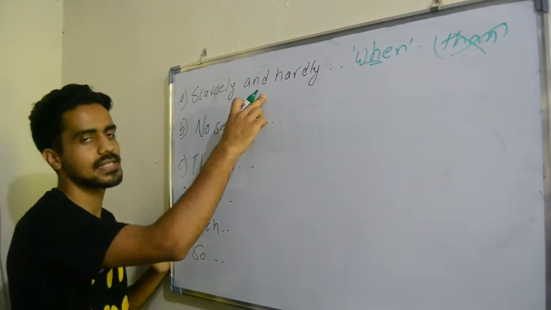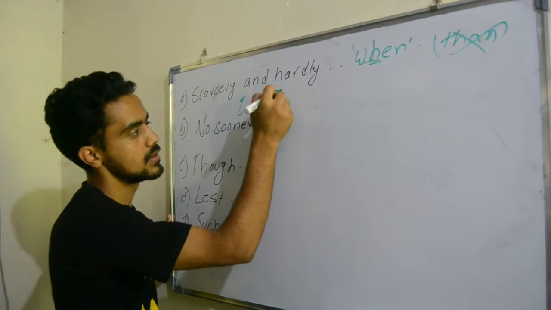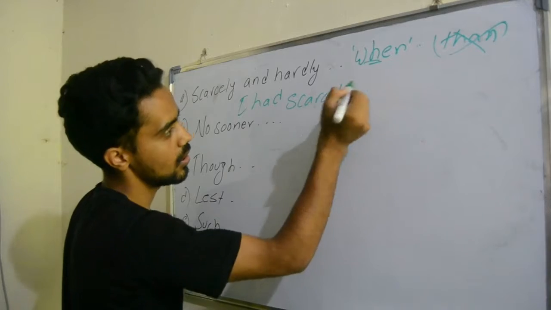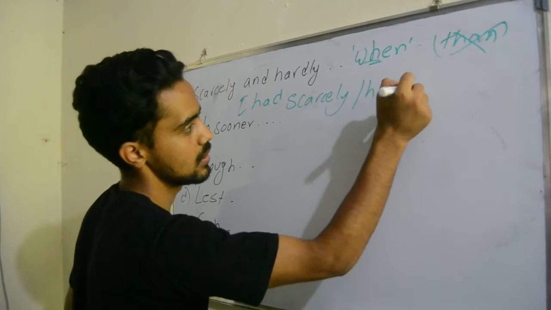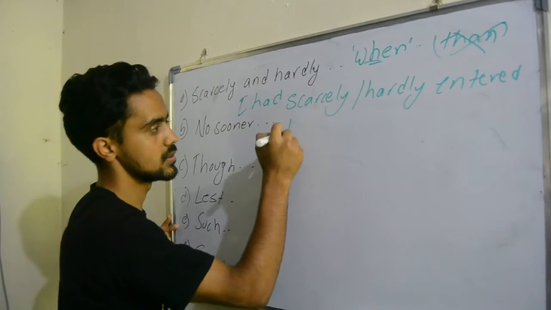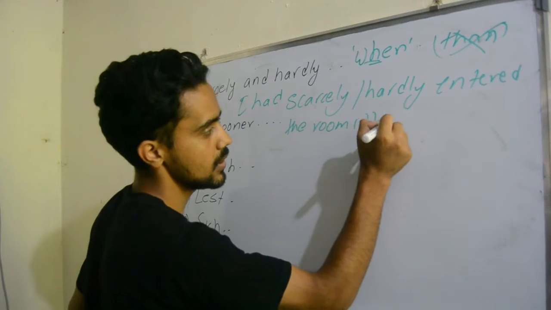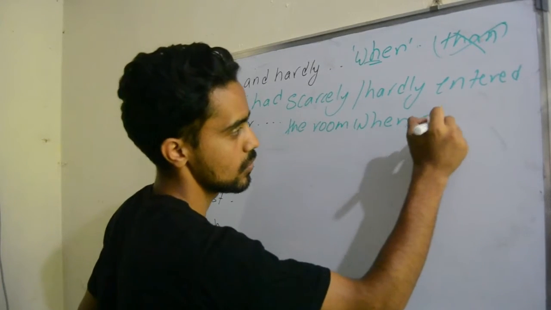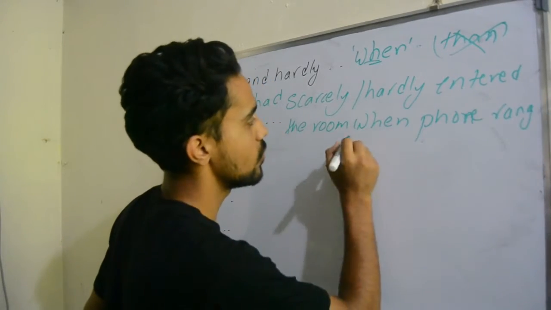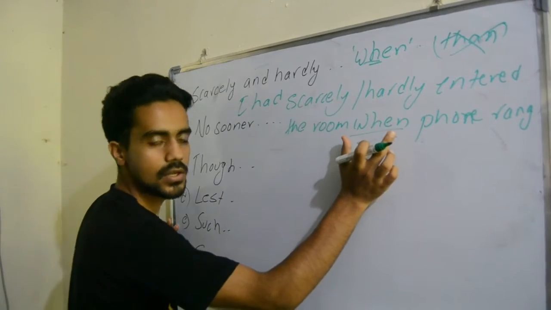We can take an example: I had scarcely, or we can use hardly, entered the room when the phone rang. Over here, when is used, and scarcely or hardly is followed by when.